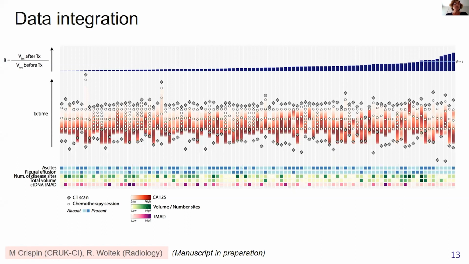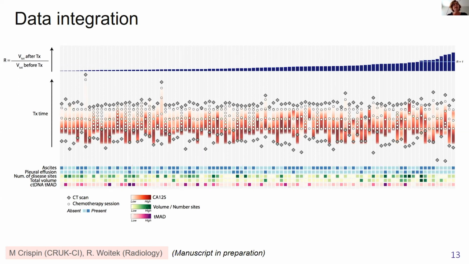Moving to data integration, this is work spearheaded by Mireia Crispino-Truzan and Ramona Wojtek. And this is looking at our neoadjuvant cases, over 100 cases, with a separate validation set from the Apollo program in the US, as well as TCIA, which is linked to TCGA, as well as Barts Hospital in London.